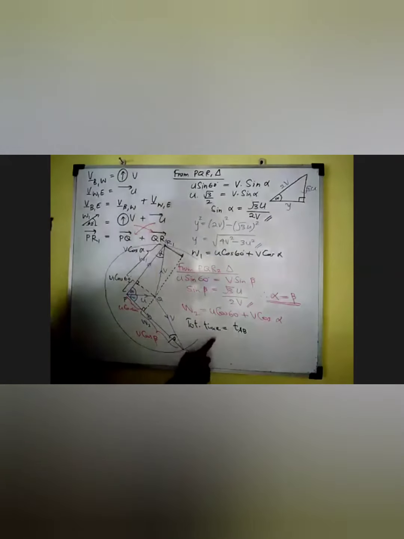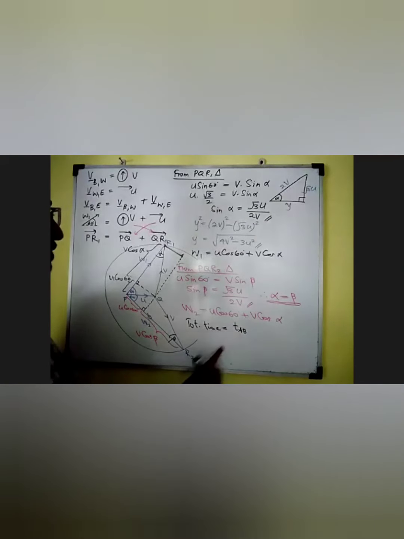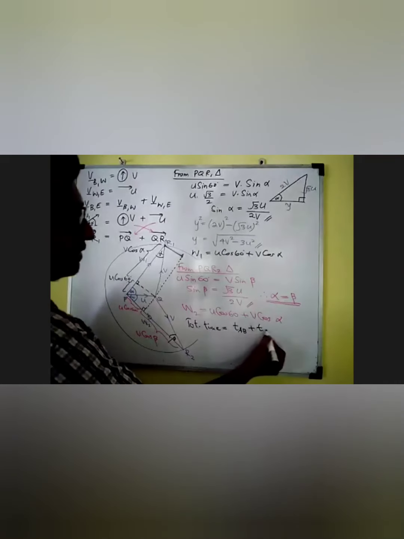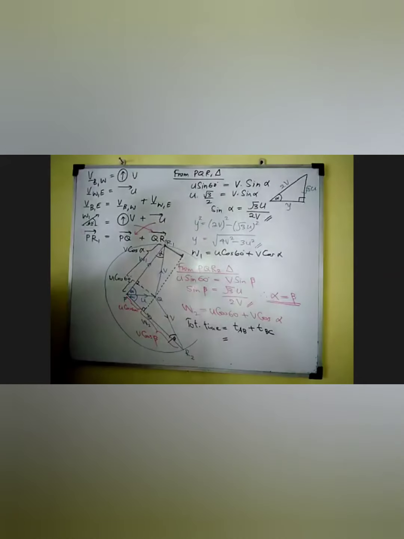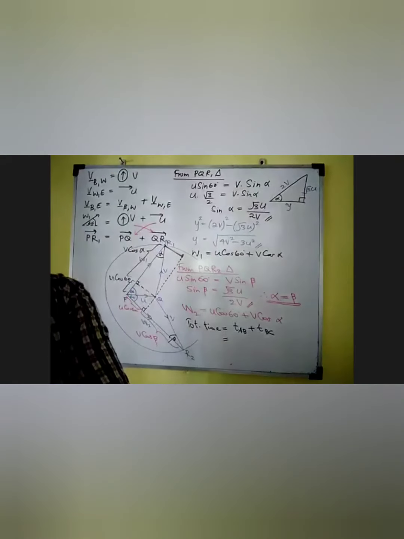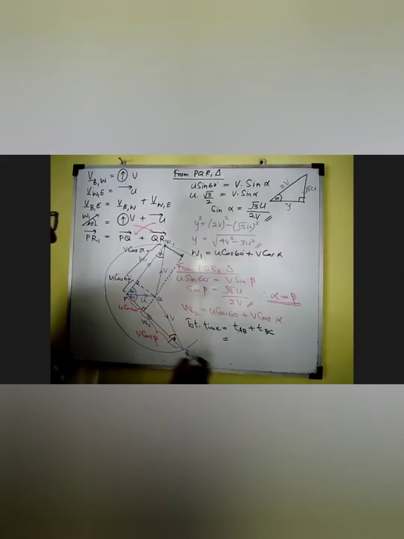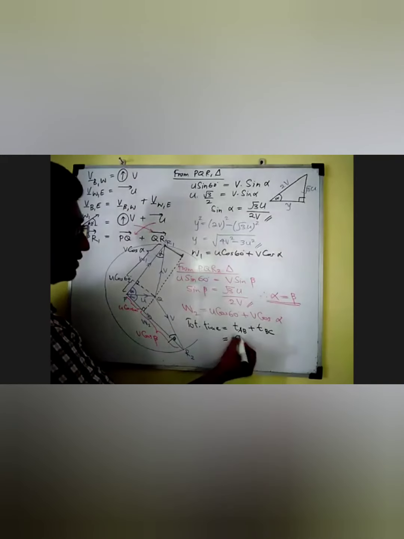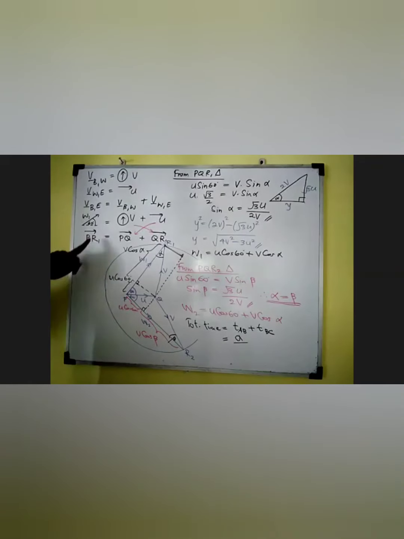To find the total time, we have to add time taken to travel from A to B and B to C. So T_AB, time taken to travel from A to B, is distance from A to B, which is A, over velocity from A to B. Velocity from A to B is represented by PR1.